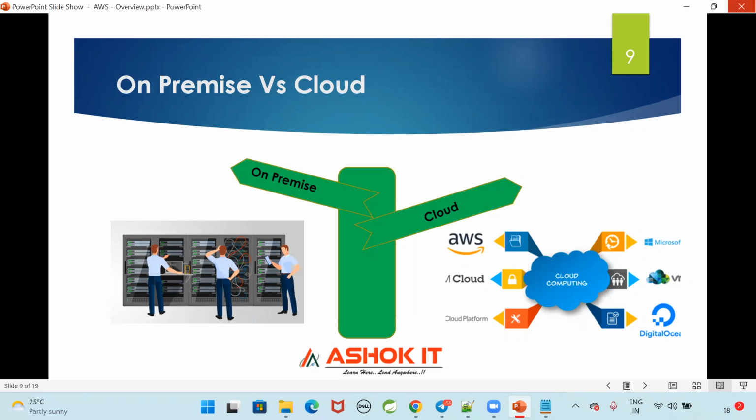But nowadays, almost all the companies are moving to cloud infrastructure. That means some company will take care of our infrastructure. We will pay money to them. They are responsible for managing and maintaining infrastructure for our business. That is called cloud infrastructure.